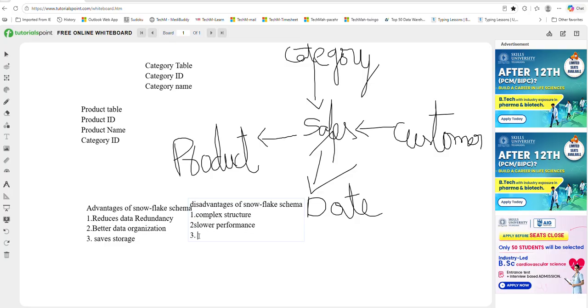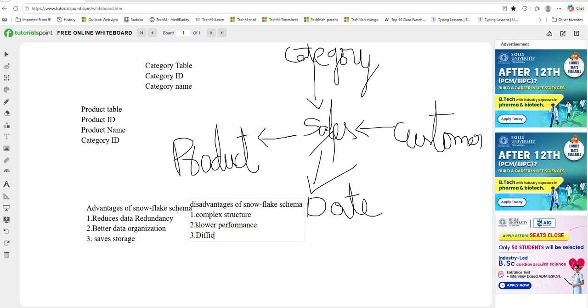Now third point. Third one is, it is difficult for beginners because there are more tables here, right?